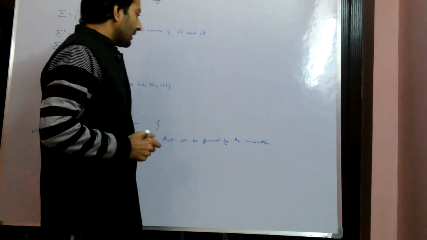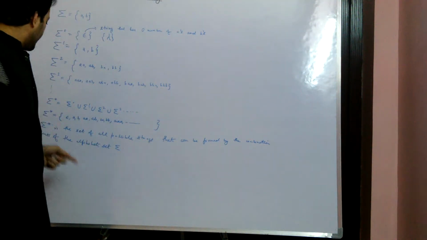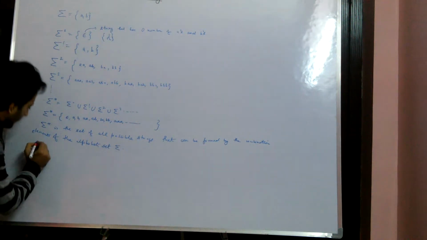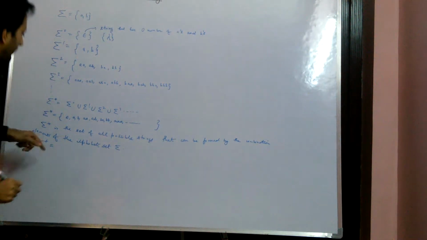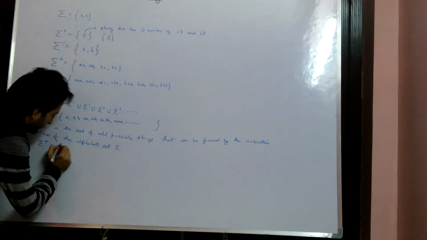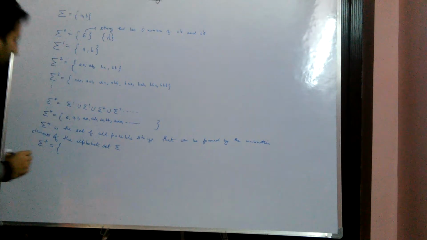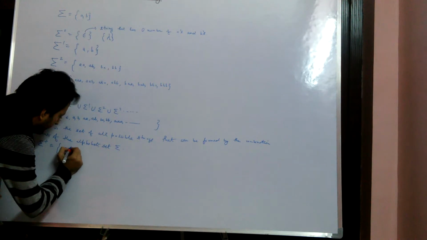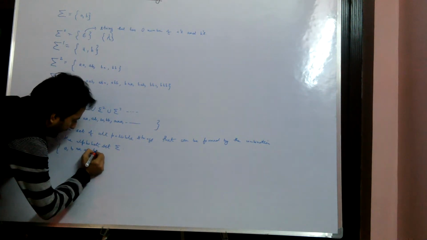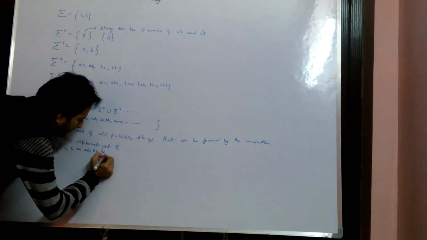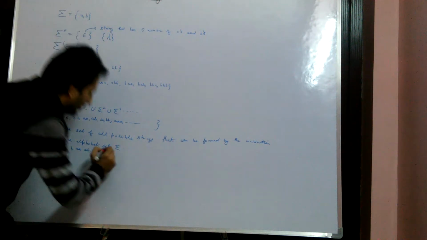Okay. Possibly there is another notation that we use, and that is sigma plus. Actually, this doesn't contain the null string. We can have A, B, A, B, B, B, and so on.